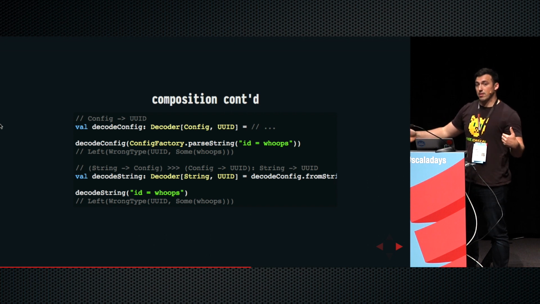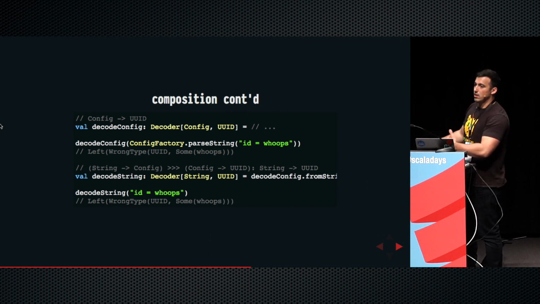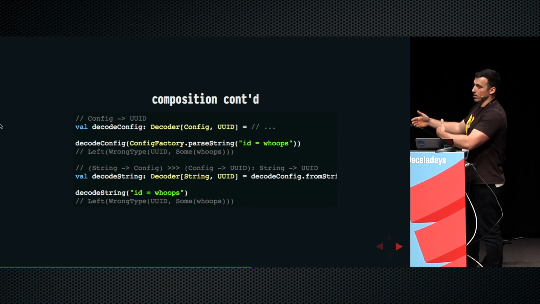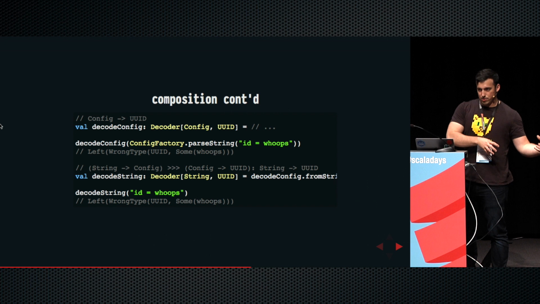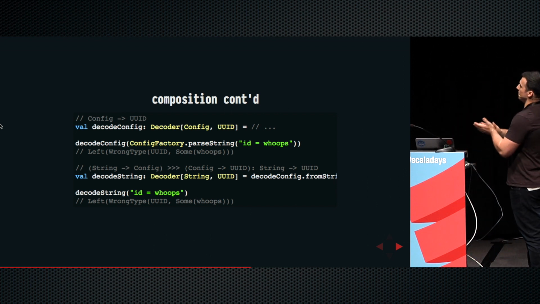So it loads the type safe configuration for you, catching any exceptions in the process, and then composes that with your existing arrow. So your existing configuration gets appended to the end of that computation, with the decoding from the raw string to the configuration with type safe config at the beginning of that computation.